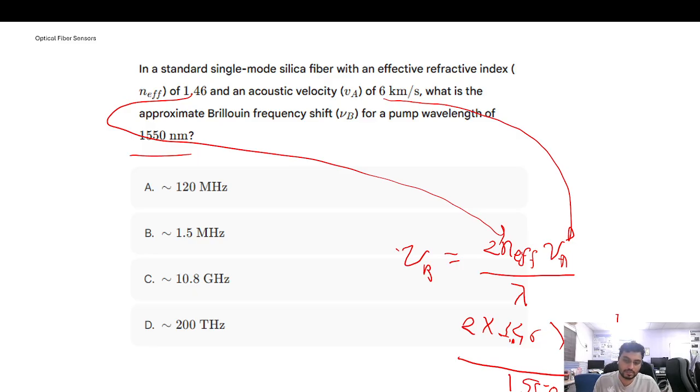You calculate this, how much it is coming.